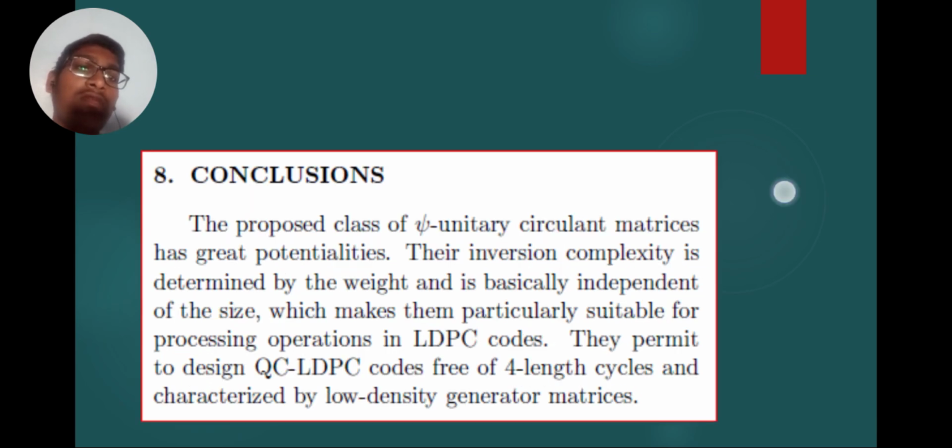Hence the conclusion: the proposed class of unitary circulant matrices has great potentialities. Their inversion complexity is determined by the weight and is basically independent of the size, which makes them particularly suitable for processing operations in LDPC codes.